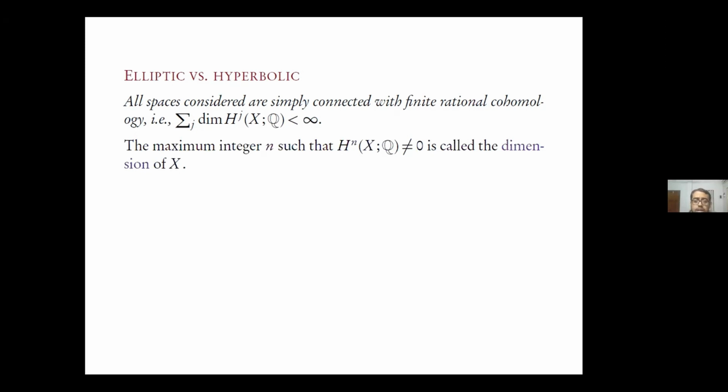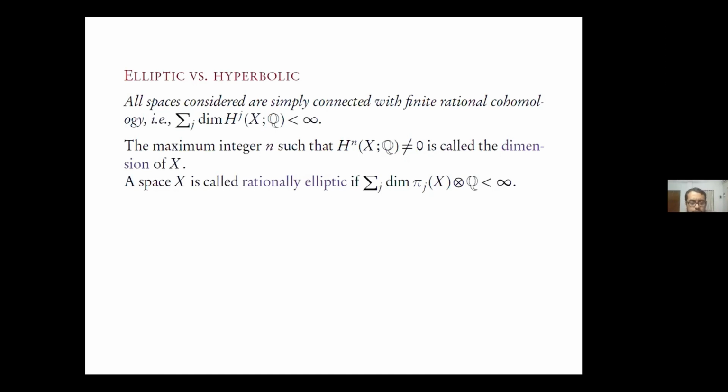For instance, if your X was S^1 cross R, then only the first cohomology is non-zero, the second cohomology is 0. So the dimension would be 1. You call this the dimension of the space X. And of course, for closed manifolds, this n turns out to be equal to the dimension of M as a manifold. So they agree in the realm of manifolds.